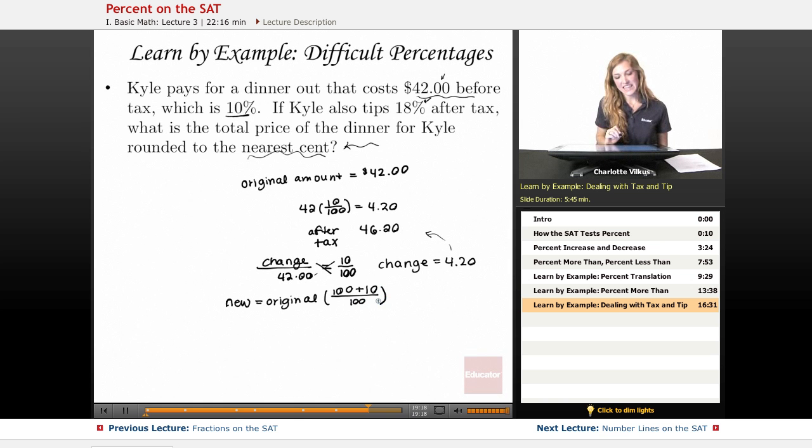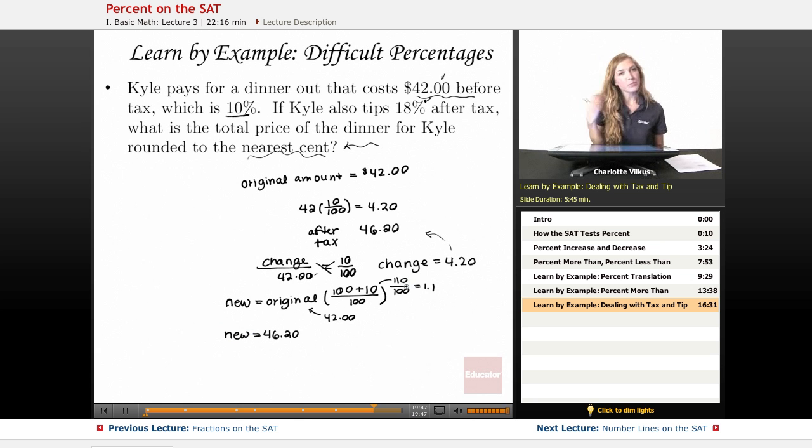And in this case, when we plug in the original, so $42, and multiply it by what's essentially 110 over 100, or 1.1, we'll just automatically get that the new amount is equal to $46.20. So looking at it this way sort of saves us a step, that is the addition step.